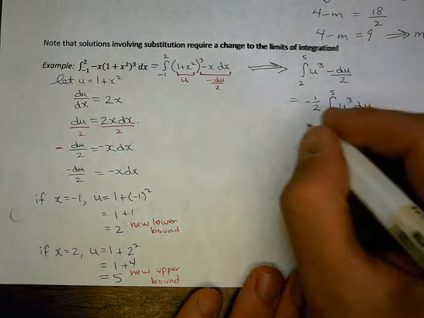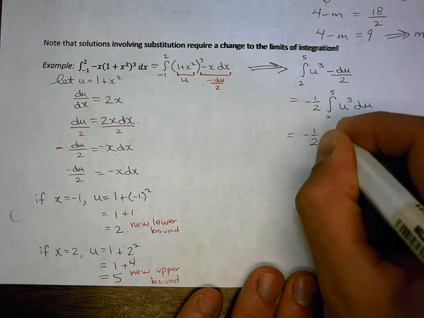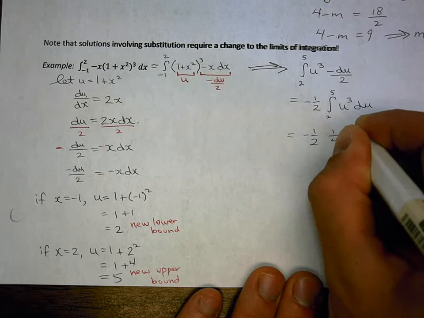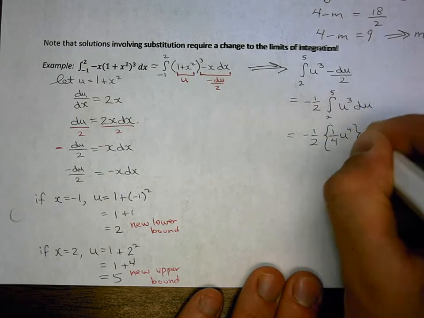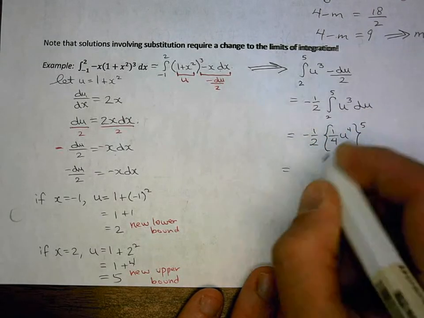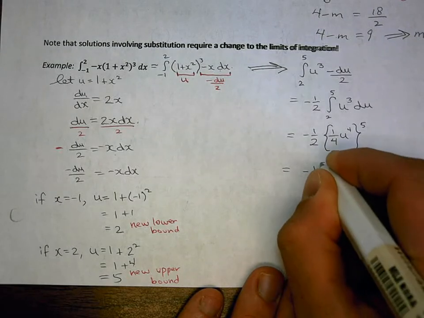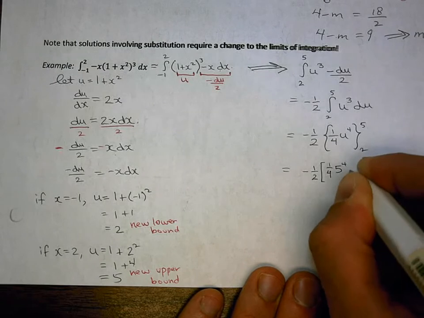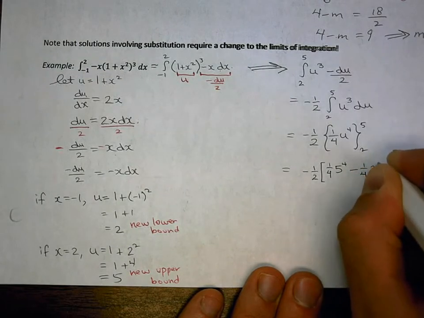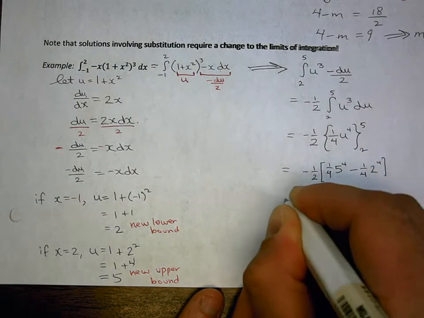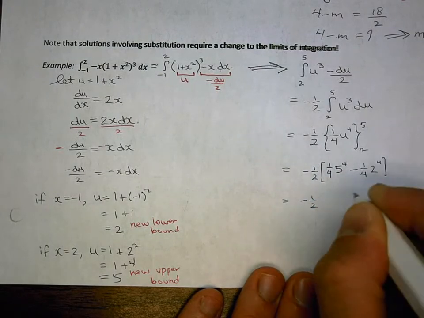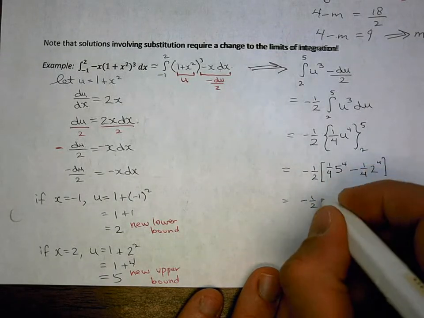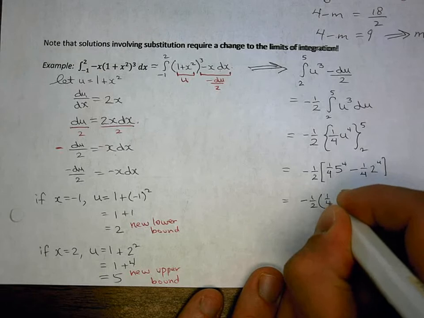So now we just proceed with the definite integral, which is a quarter u to the power of 4, from 2 to 5. So I end up with negative half times quarter 5 to the 4 minus quarter 2 to the 4. Let me factor out a quarter. That'll make my life a bit easier.